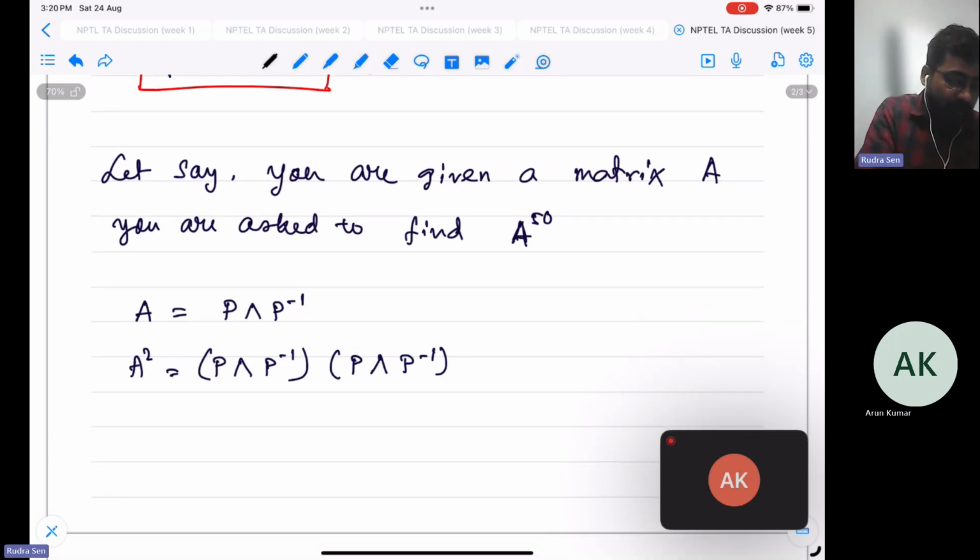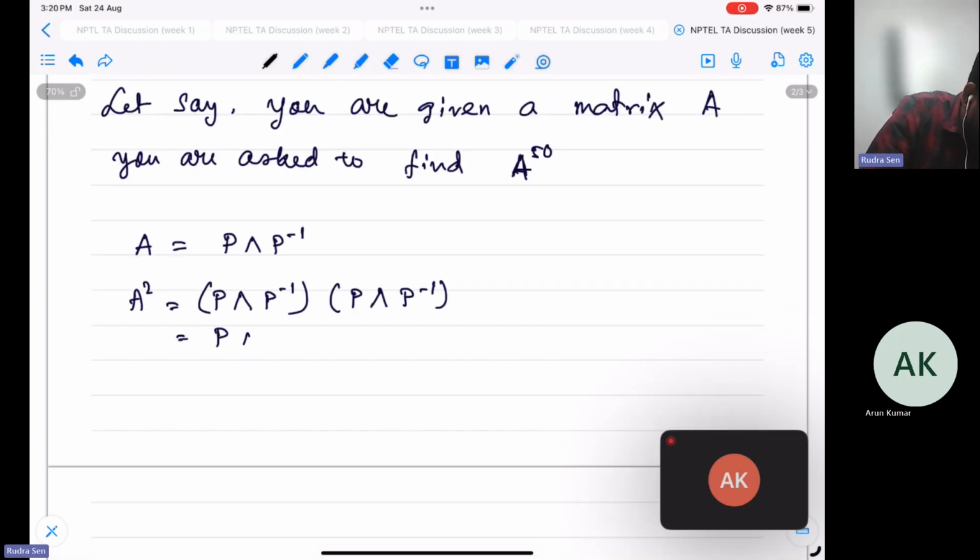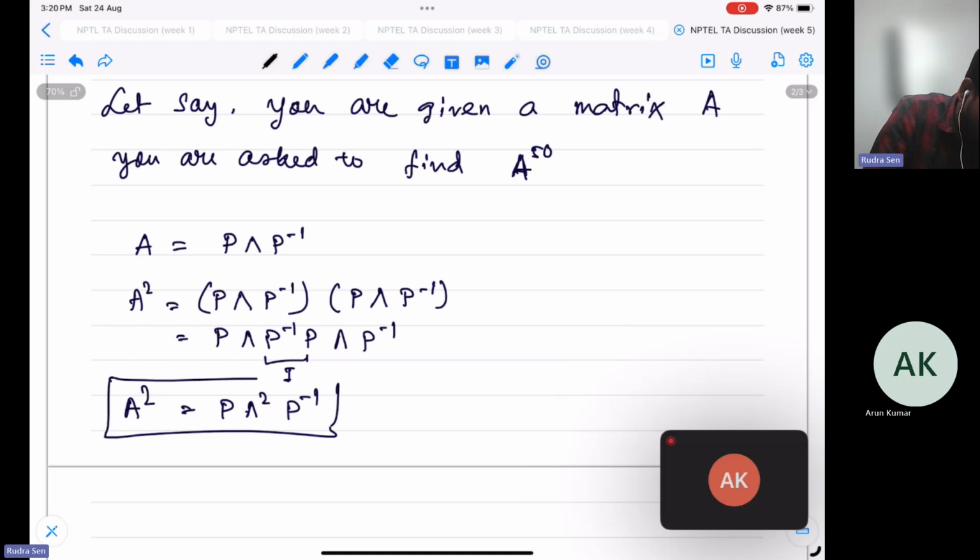We multiply this twice. So we know that P inverse exists, so P inverse P is basically the identity matrix. So what we get is P lambda square P inverse. That means A square equals this term, right?